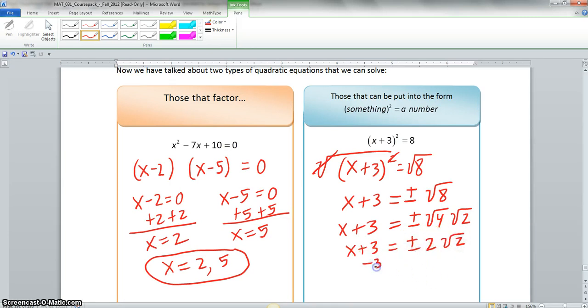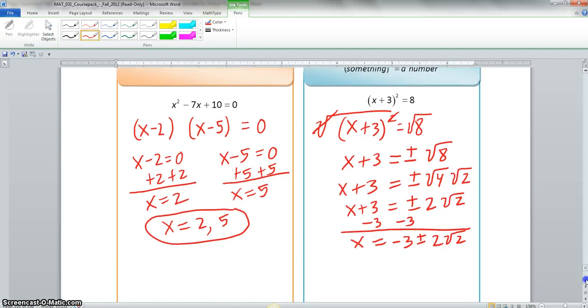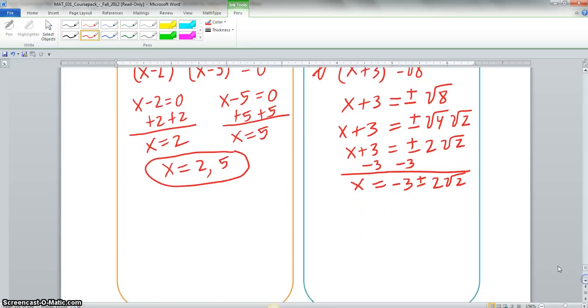Now we will subtract 3 on both sides. And our final answer would be x is equal to negative 3 plus or minus 2 square root 2. Now, of course, I know that we use MyMathLab, so it is possible that this answer will not be acceptable. They may want you to write it out in expanded form.